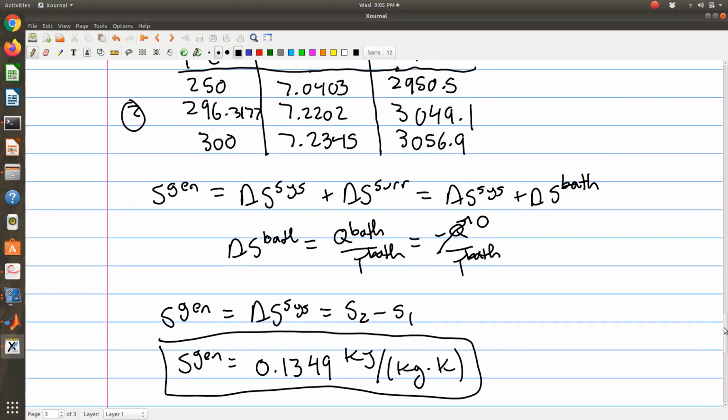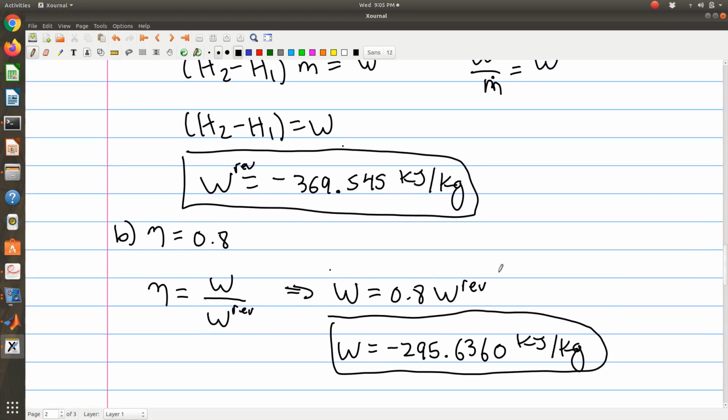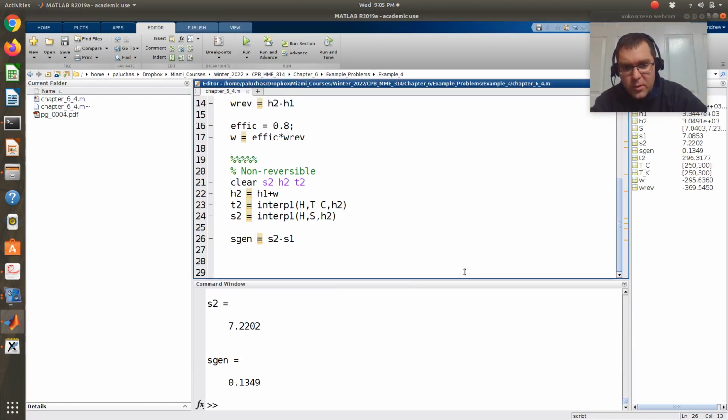Yeah, so the lost work should be just the difference between our reversible work and the actual work that we achieved. The lost work due to the efficiency should just be equal to 0.2 times my reversible work, which should be this negative 73.90.